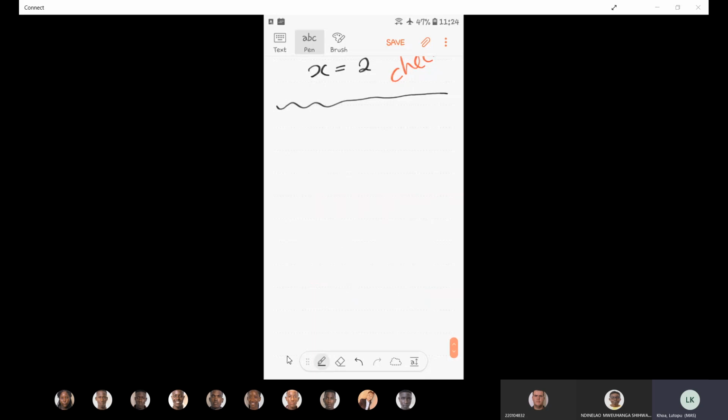Number 13. We have 2 to the power of k plus 2 plus 2 to the power of k minus 1. This is equal to 6 to the power of k minus 1.